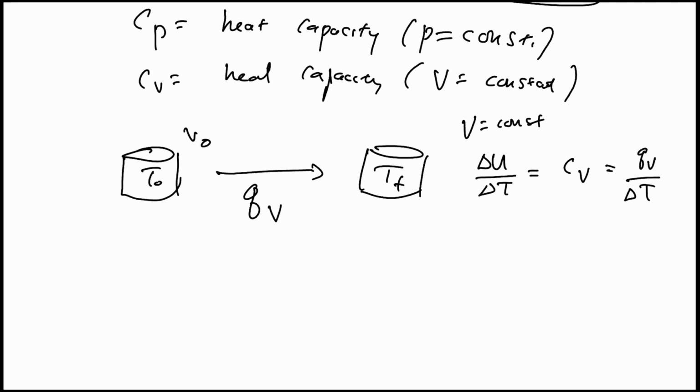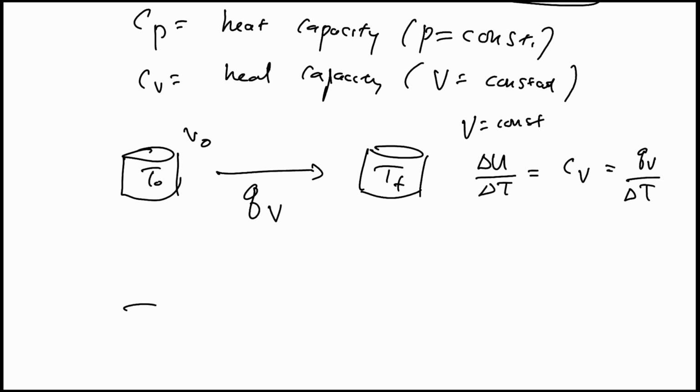So the constant volume heat capacity is how much heat I put in to, let's say, raise delta T by 1 degree Celsius, whatever. That's the change, delta T. So how much heat do I have to put in? If I know it's C sub V times that, that's how much heat I have to put in.